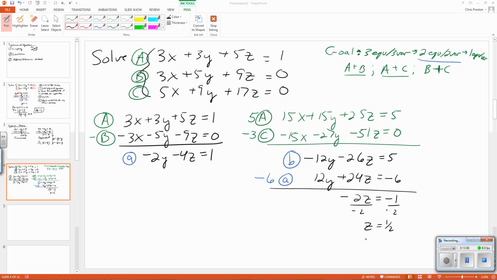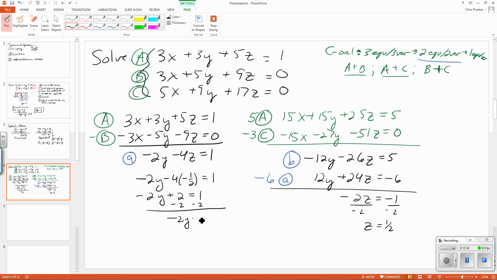Alright, so now that I know what z is, I can figure out the rest. I want to take this answer and take it somewhere where it has z and one other letter. So how about little a over here? So I'm going to substitute in my 1/2 for my z value. So negative 2y, negative times negative, positive half of 4 is 2, equals 1. Subtract 2.